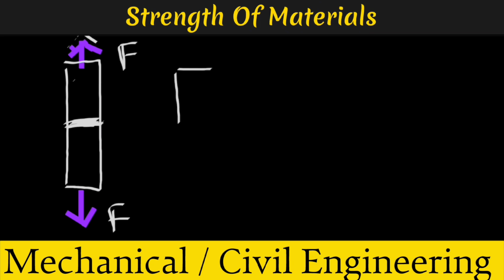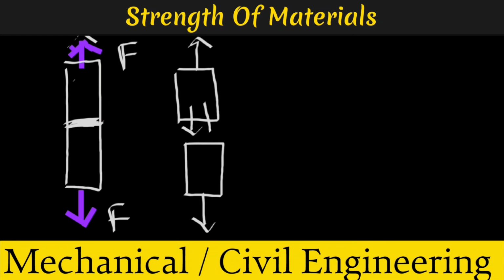So if the body breaks like this in two parts, this is the pulling force you can see, and the body is now two parts, and force is applied in this way and in this way. This nature of force we can say F1 and F2 are acting in this middle. So here this F1 F2 is similar to F.